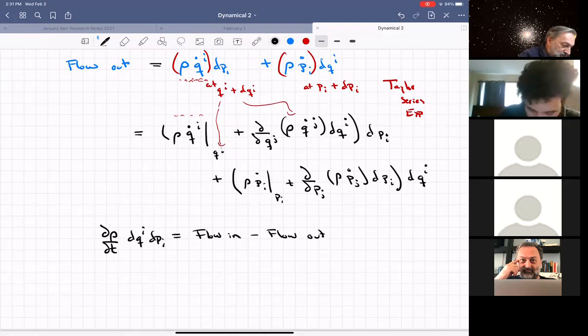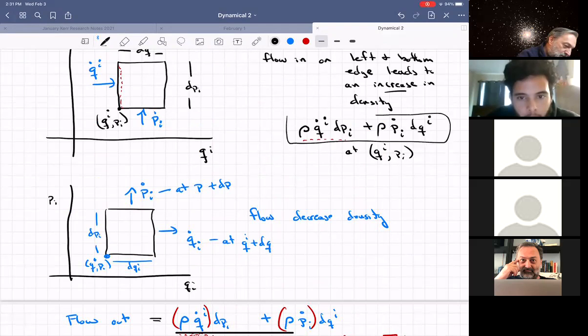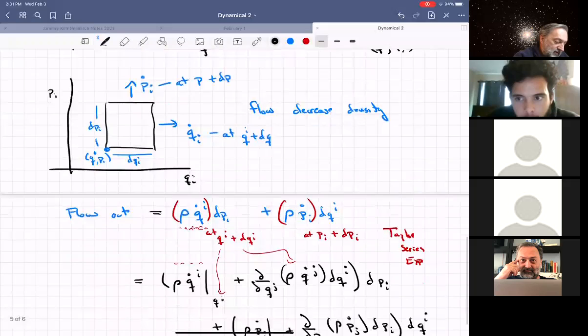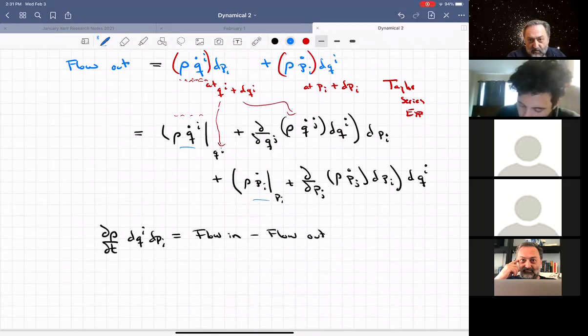Now I've got a couple of different pages here, right? But my flow in, here was my flow in. And the flow in just has the q dot i dpi and the rho times p dot i dqi at qi pi. And the flow out has those two terms. They're the first terms. So when I subtract these two things, that first term dies and what's left are these derivative terms.